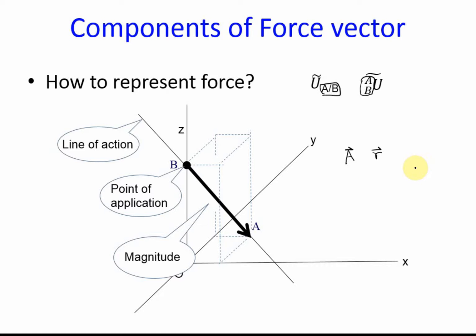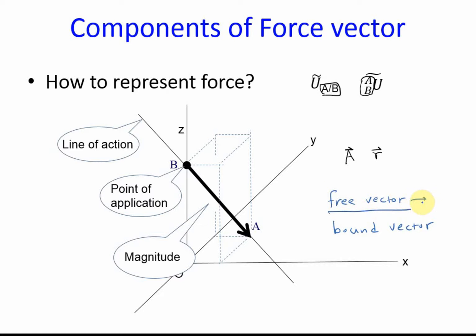But actually when we define the vector, there are two different types of vector. One is a free vector, and the other one is a bound vector. Generally, when it comes to vectors, we usually talk about the free vector.